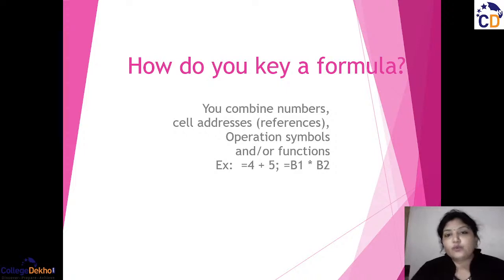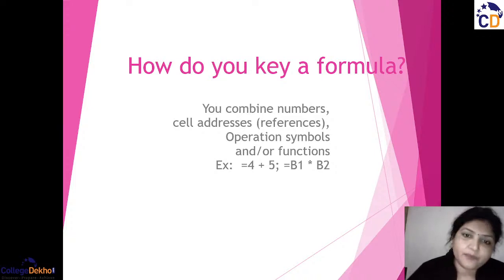How do you key in a formula? Just double click on the cell and write down whatever formula you want, by using the addresses or by directly using the numbers. So you combine numbers and cell addresses, operation symbols, and or functions.